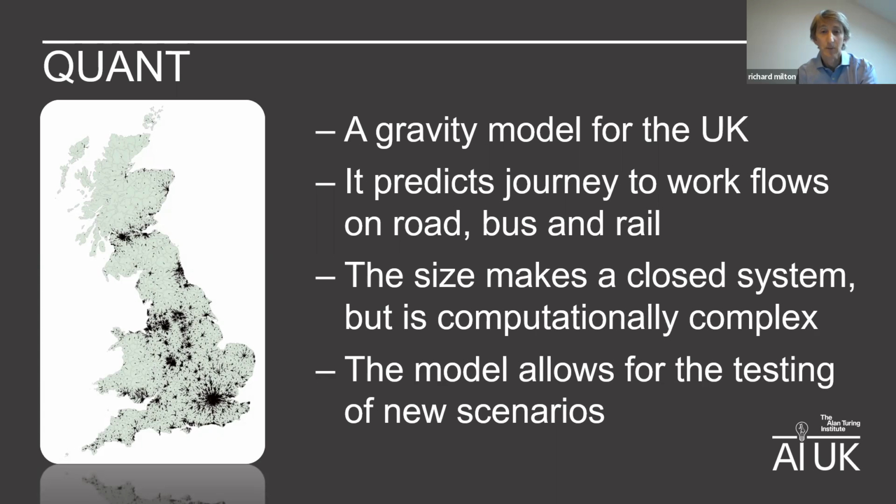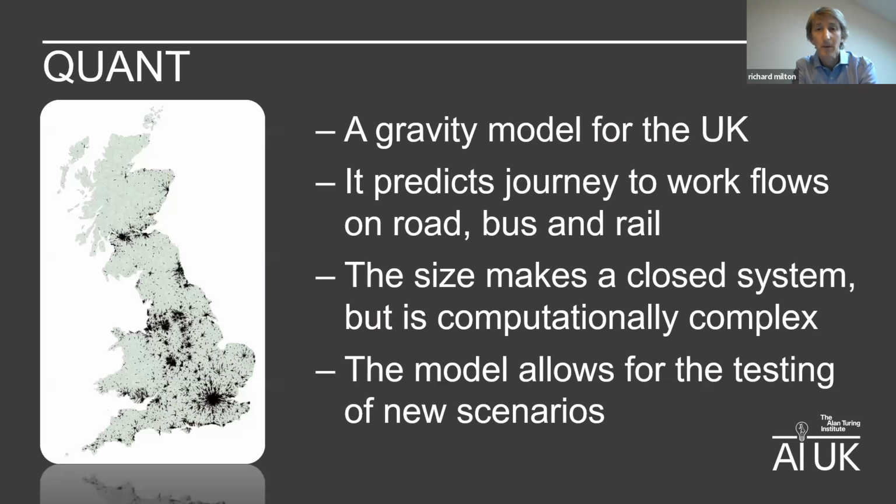So it's a closed system, but it is computationally complex. With 8,436 zones, there are about 71 million possibilities of flow between any zone and any other zone. So there's 71 million floating point values in every one of the 6 matrices that make up the model.